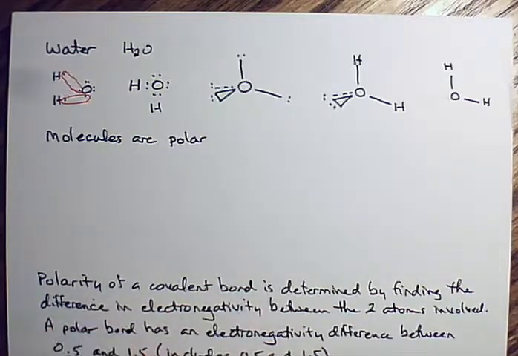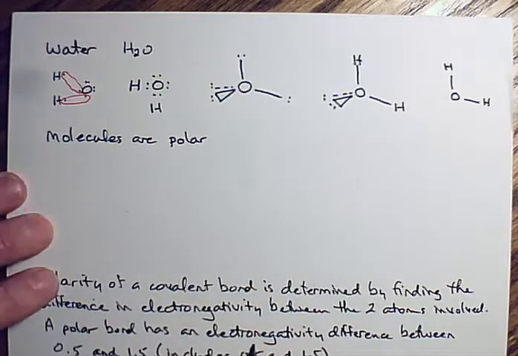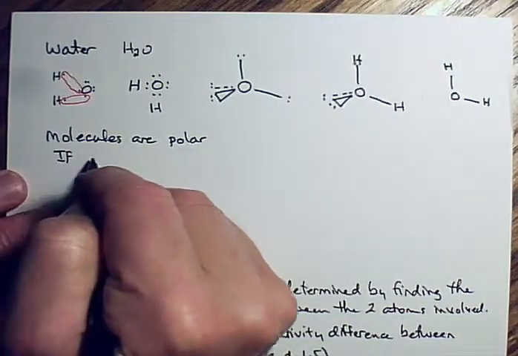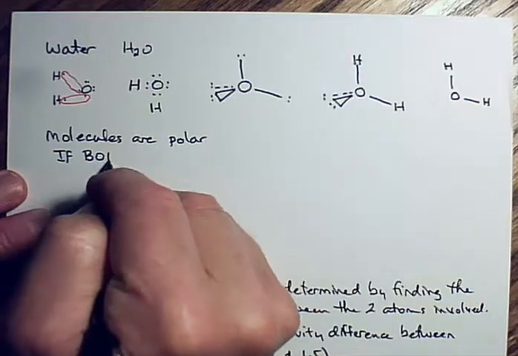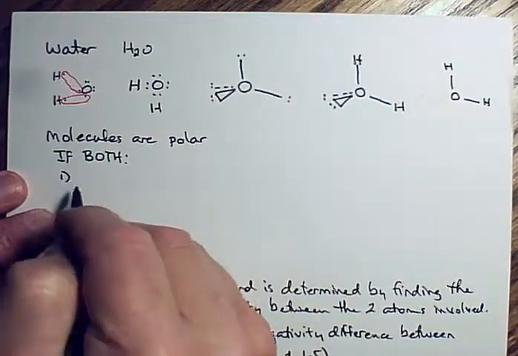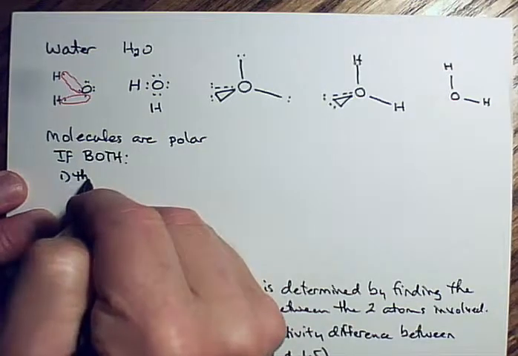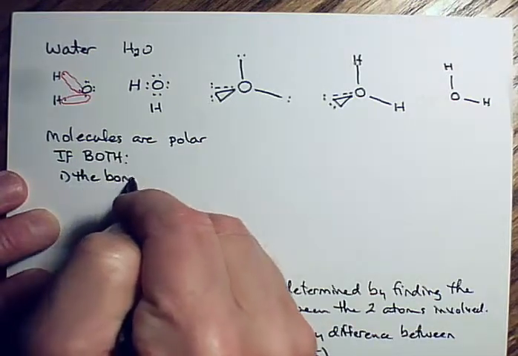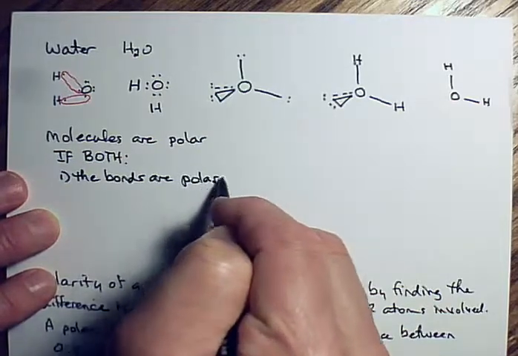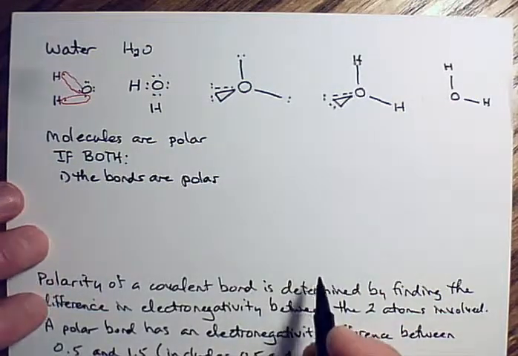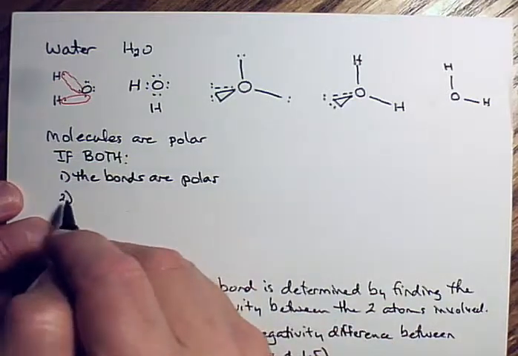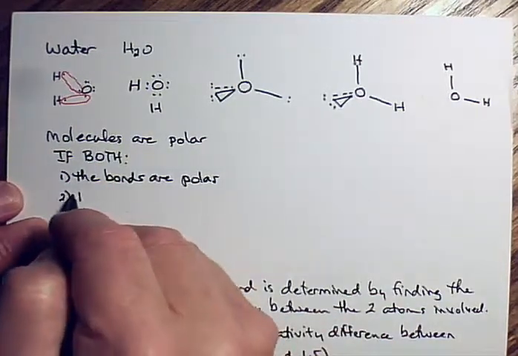We're just simplifying it down to the simplest possible way we can figure it out. So molecules are polar if both conditions are met. The first condition is the bonds are polar. We said that condition has been met.